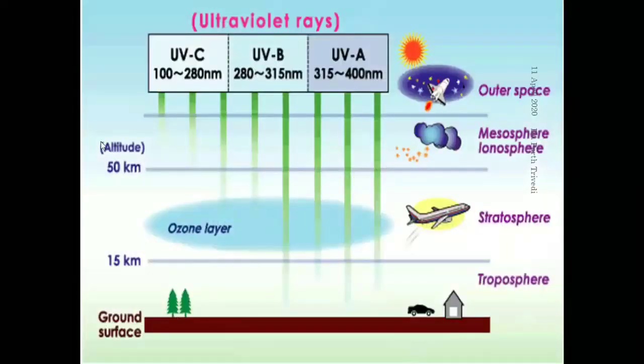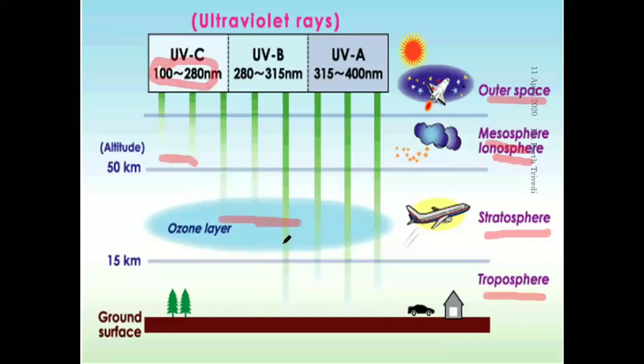So as we all know, outer space, and on Earth we have the troposphere, stratosphere, mesosphere, ionosphere, and the outer space. So you see this is UVC. It is not reaching the Earth's surface. UVB is reaching a bit to the Earth's surface.